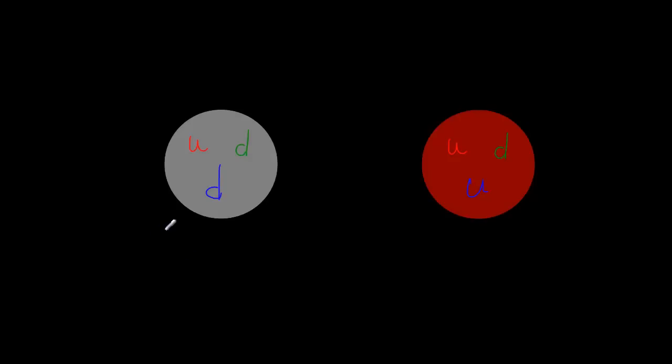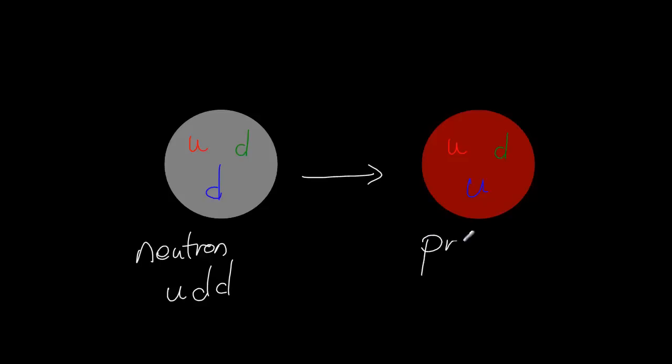Now if we were to zoom inside the nucleus, what we would see is that the neutron itself is not a fundamental particle, but it's made up of 3 quarks. The neutron is made up of an up and 2 down quarks. Now, this is going to decay and turn into a proton. And a proton configuration in terms of quarks is up, up, down.